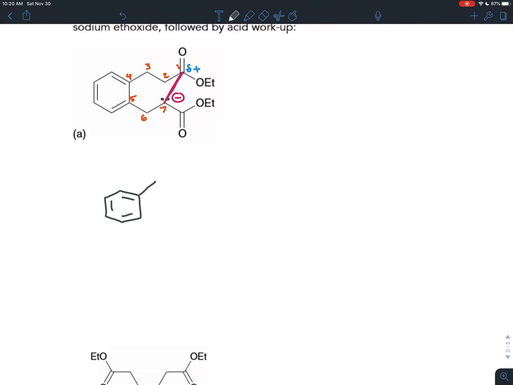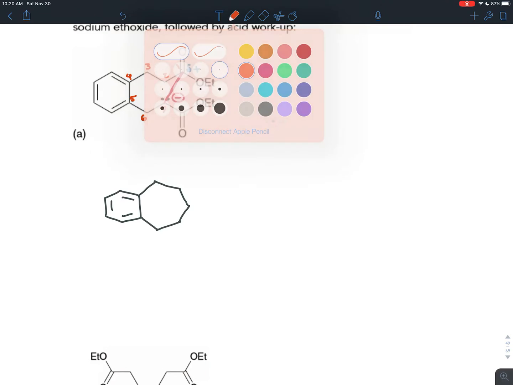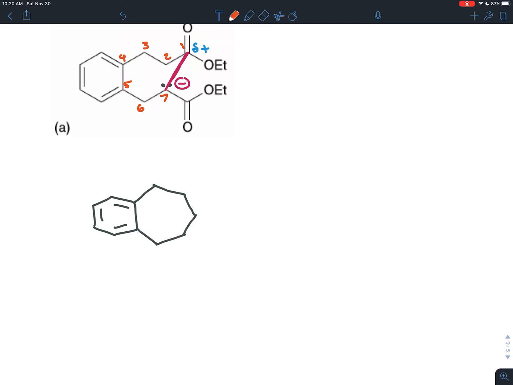And we're going to have a 7-membered ring here. So already we have 4, 5, 6, and 7. And we know that this is 4 and 5, right? So then we can say, okay, 3, 2, 1, 6, and 7.